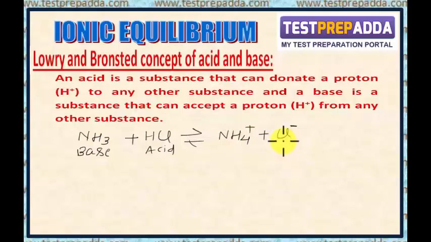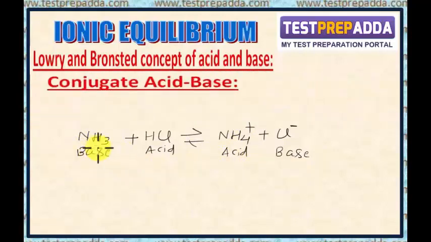And if Cl minus accepts that H plus, we will get NH3 and HCl. That is why NH4 plus here is an acid and Cl minus is a base. Now you can see NH4 plus we have got from NH3, which is a base.